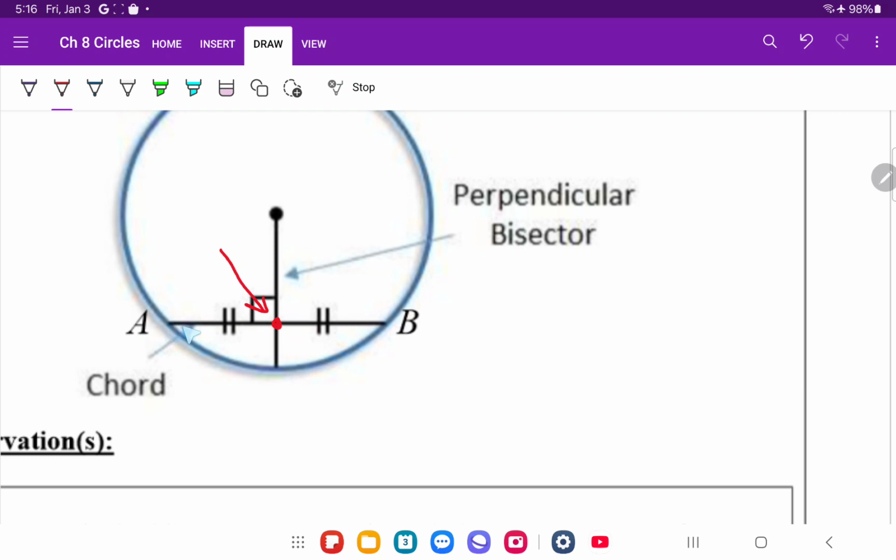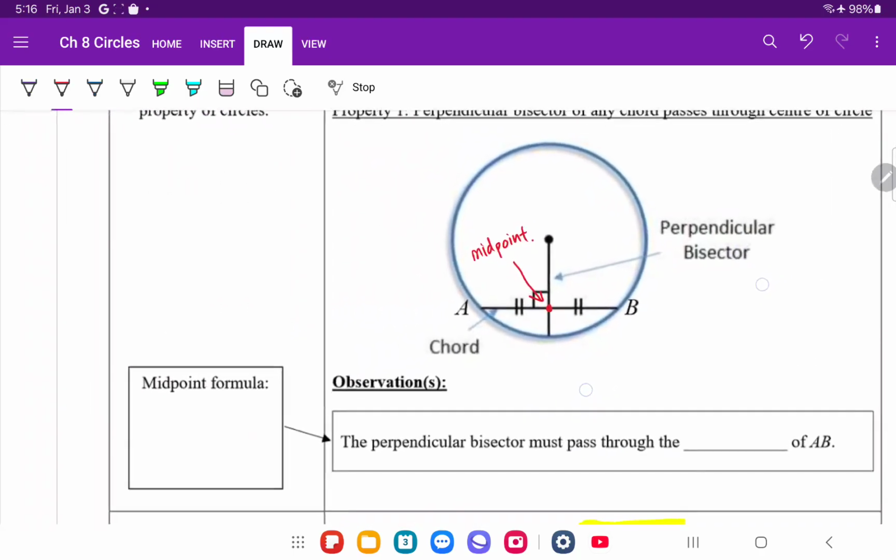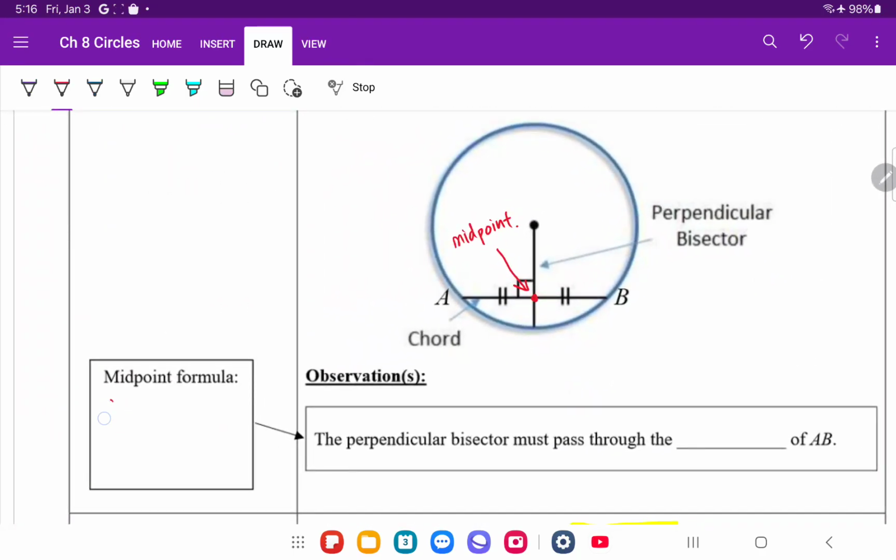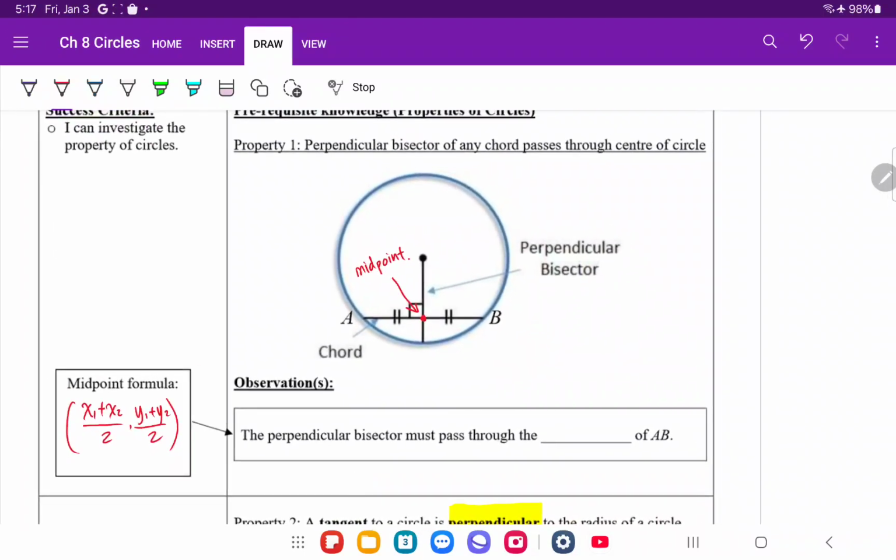On AB, because this part and this part are equal, this point is known as the midpoint, and there is a formula for the midpoint. The formula is (x1 plus x2 divided by 2, y1 plus y2 divided by 2). So in summary, the perpendicular bisector must pass through the midpoint of AB.